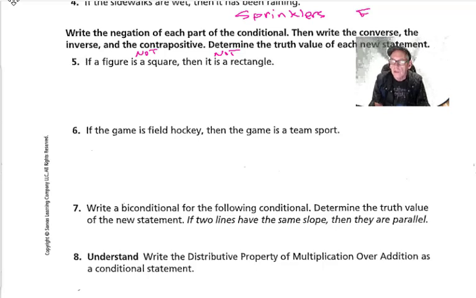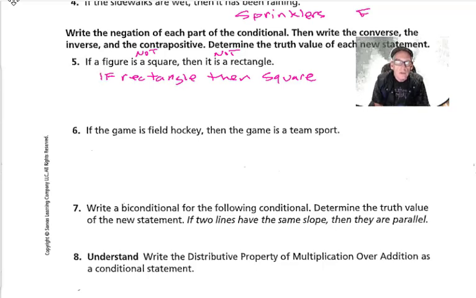So let's write the converse of the statement. We're going to take the original statement. So if rectangle, then square. That would be the converse.